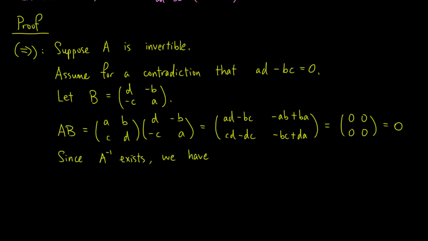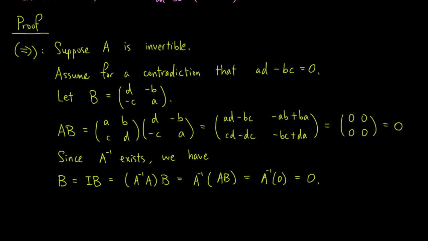Since the inverse of A exists, we have B equals I times B, which equals bracket the inverse of A times A bracket times B, which equals the inverse of A times bracket A times B. Since A times B is equal to the zero matrix, we have the inverse of A times the zero matrix, which is just the zero matrix. In other words, all entries of B are 0, so all of a, b, c, d are equal to 0.